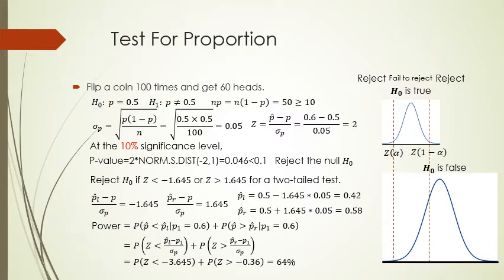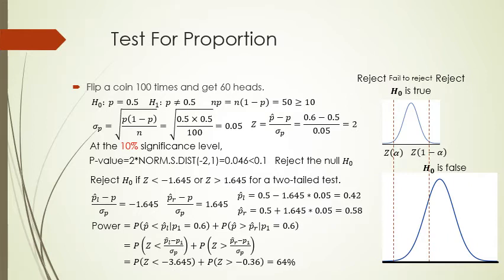But we lack the information of the population proportion when we calculate the confidence interval, and we may have to estimate it using the sample proportion. Here, we should not use the sample proportion since the null hypothesis already sets P equal to 0.5. Both NP and N(1 minus P) are 50, greater than 10. Thus, the null distribution is approximately normal.